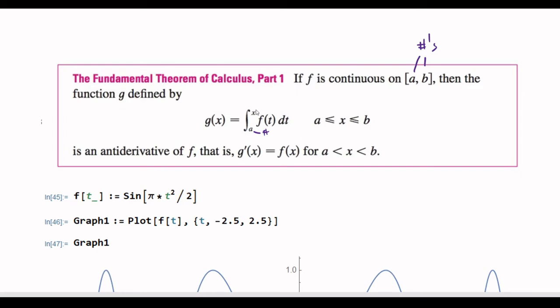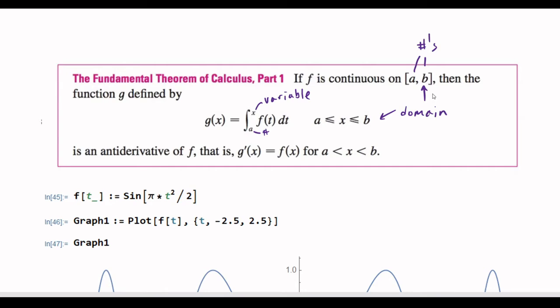This is no longer a number, it's now a variable, so keep that in mind, of f of t dt, is defined between a and b. That's telling you where the domain of this function is, where I can even do this, which is connected up here. So it's defined by that integral.